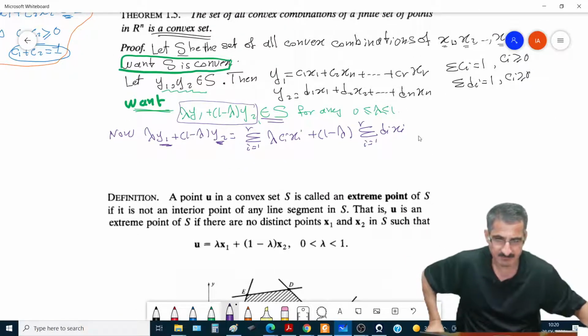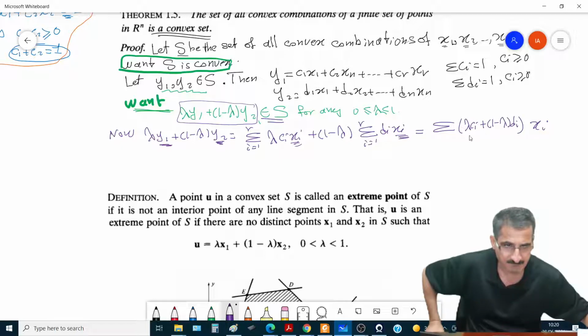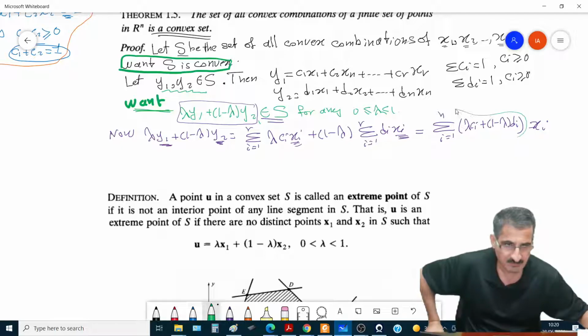We get the summation of xi multiplied by lambda ci plus 1 minus lambda di, i equals 1 to n. Now we are done if we show that this coefficient sum equals 1.